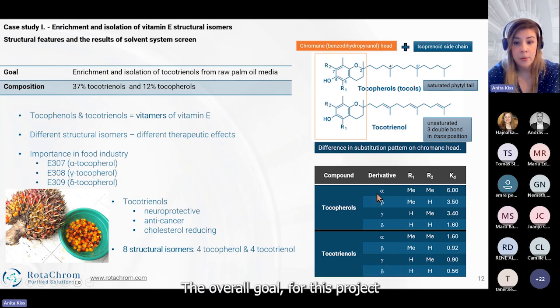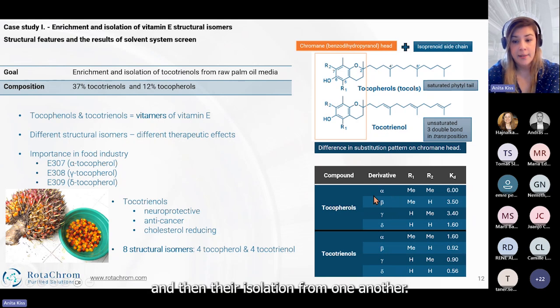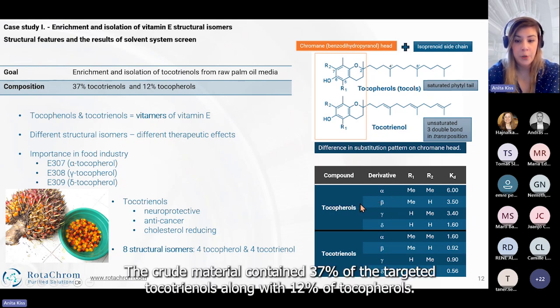The overall goal for this project was first the enrichment of tocotrienols from raw palm oil, and then their isolation from each other. The crude material contained 37% of the targeted tocotrienols along with 12% of tocopherols.